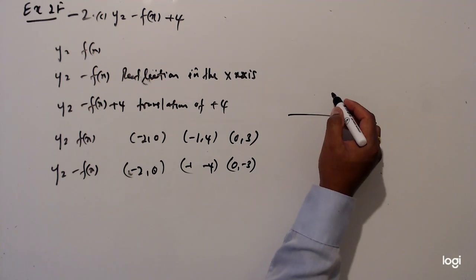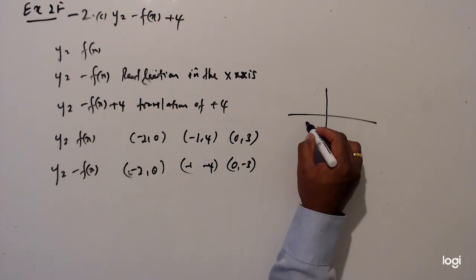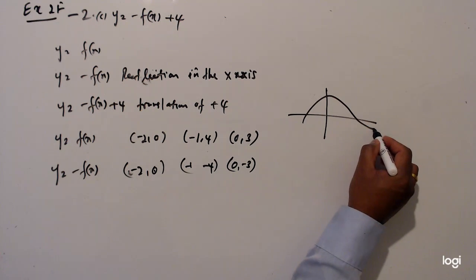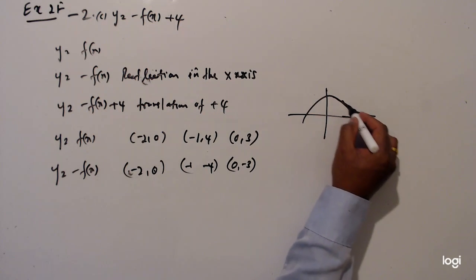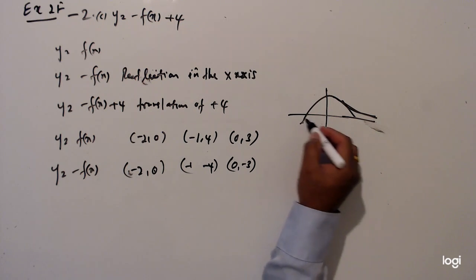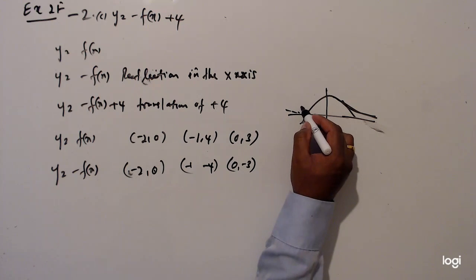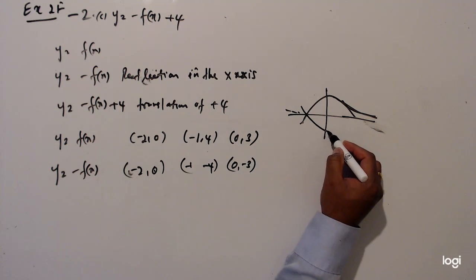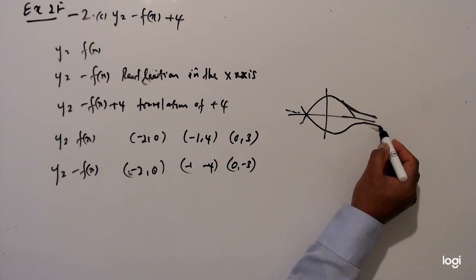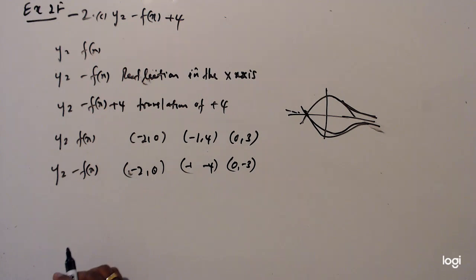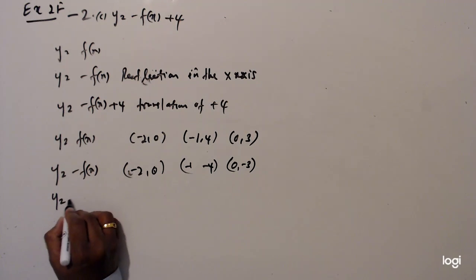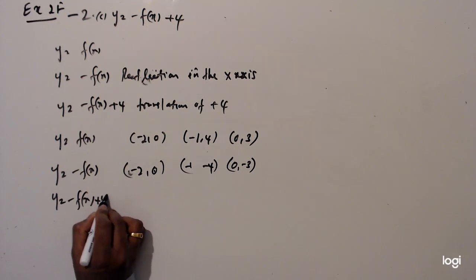The graph is like this. So reflection of this one along the x-axis means this will go up something like this. Now this is shifted by 4 units up.